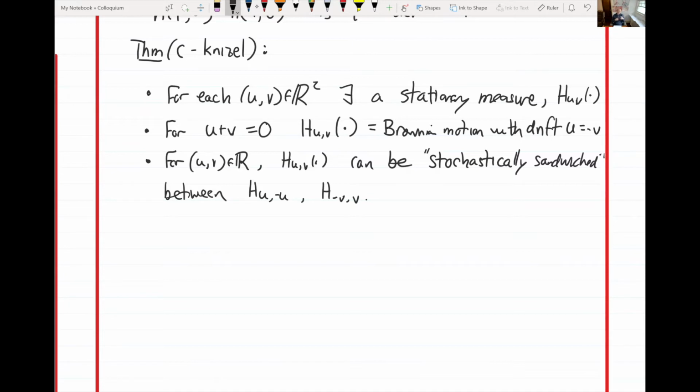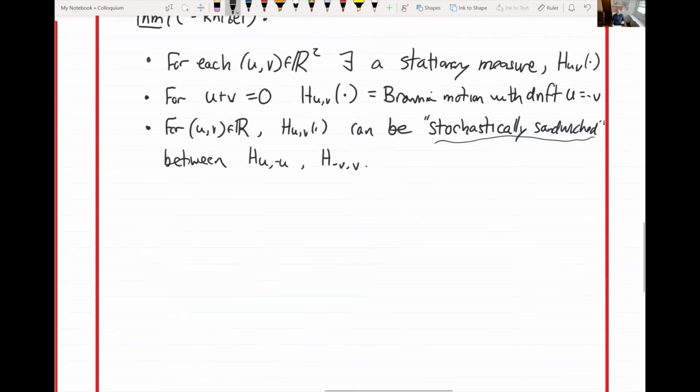So what I'm saying is that you can essentially put yourself between two Brownian motions, on the same probability space, so that as you change the boundary parameters, there's some continuity of the nature of the invariant measures. This is telling you a quantified version of that. I'm not going to explain right now what stochastic sandwiching means, but I will a little bit later.